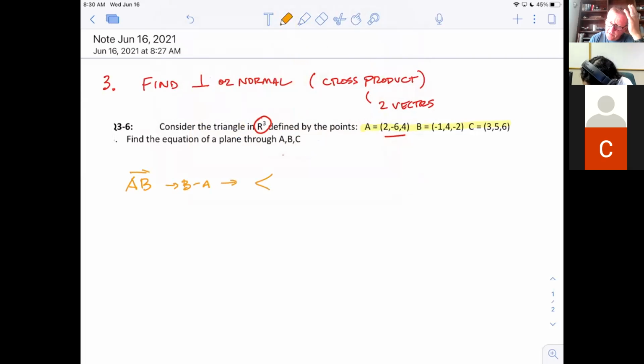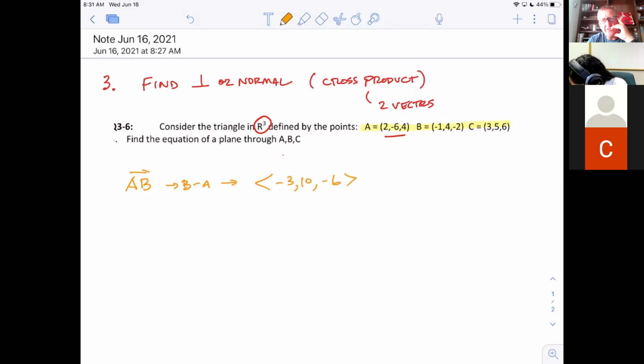So -1 minus 2 would be -3. 4 minus -6 would be 10. -2 minus 4 would be -6. Correct me if I do something stupid here.